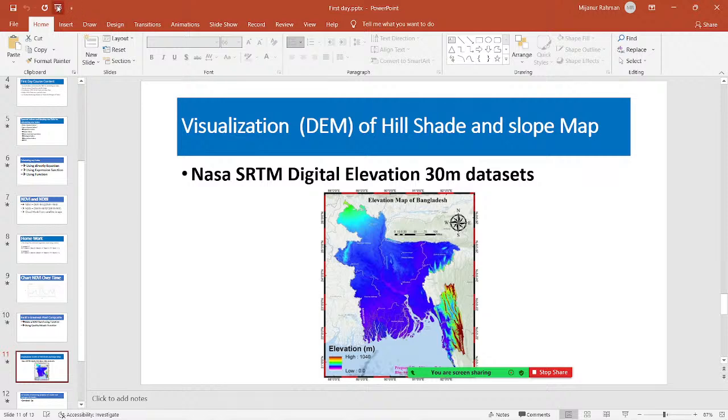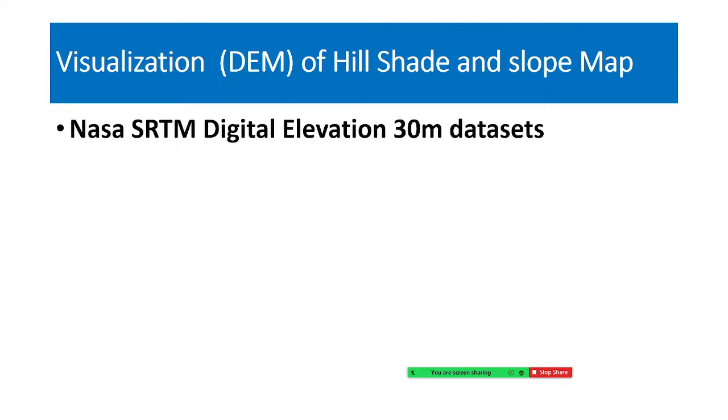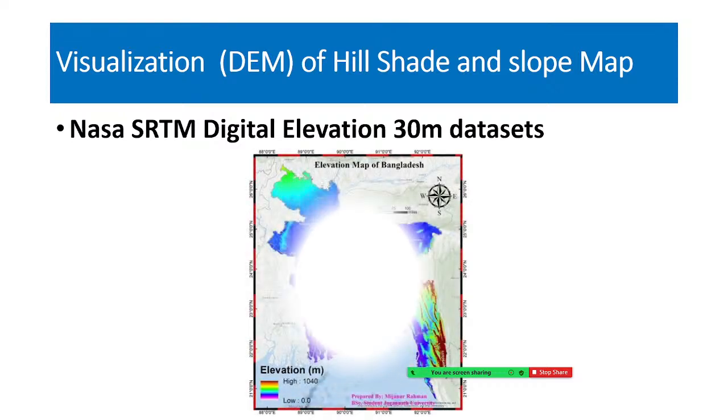I will discuss how you can easily make the DEM or digital elevation model using the Google Earth Engine platform, and create the hillshade map as well as the slope map like this. Mainly I use the NASA SRTM digital elevation 30-meter dataset, and create the map like this.